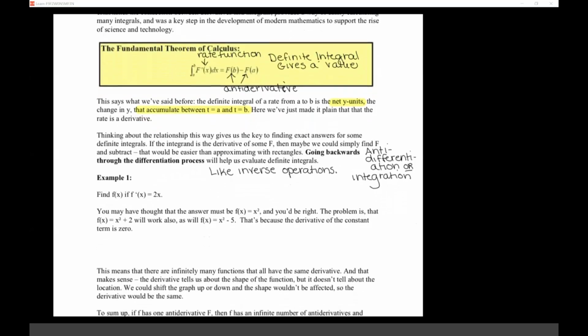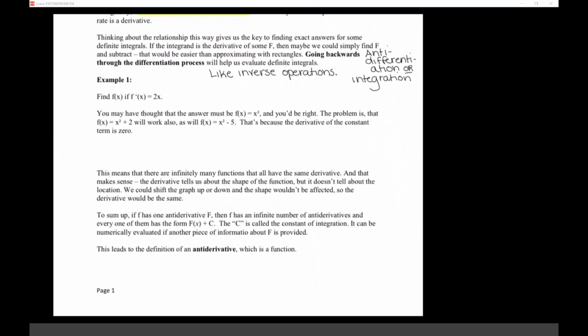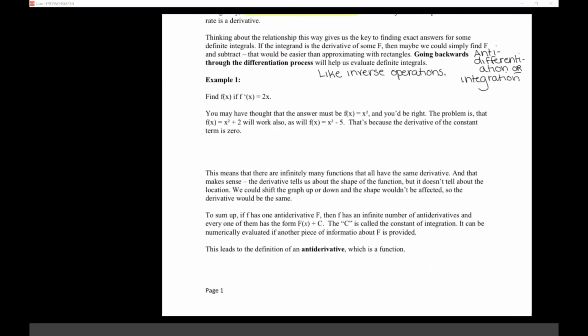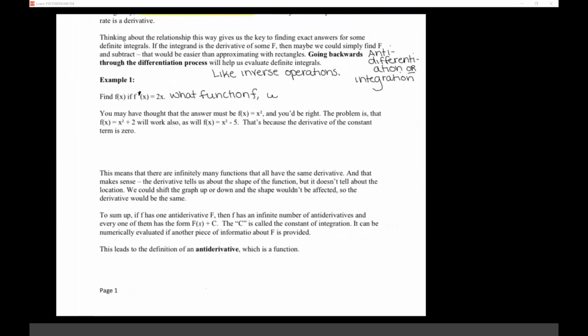Let's take a look at example 1. If they give you the rate function, and they tell you f prime is 2x, what is its antiderivative? In other words, what function would you have had to differentiate that would have given you 2x? What function f would have given you 2x as its derivative?